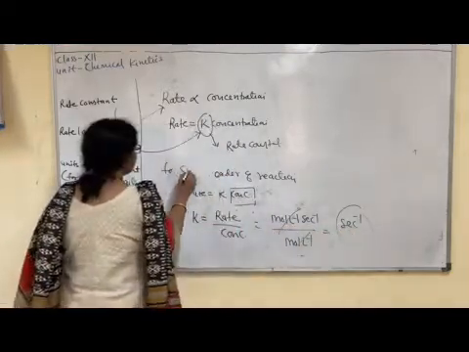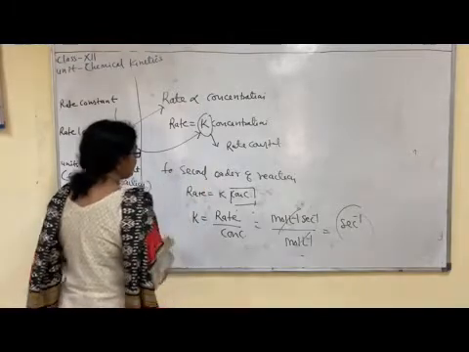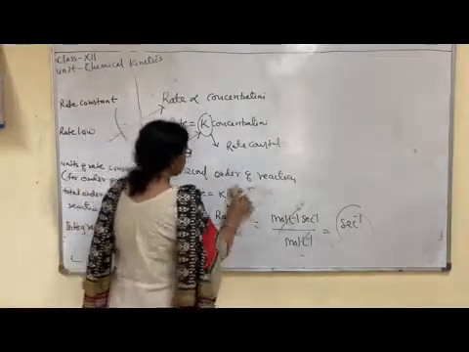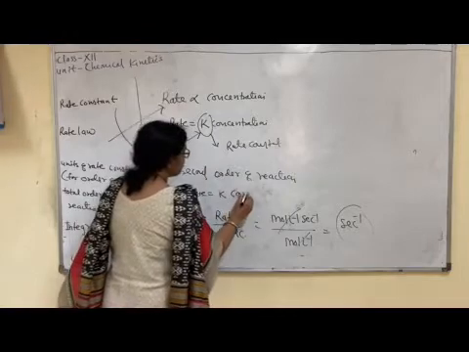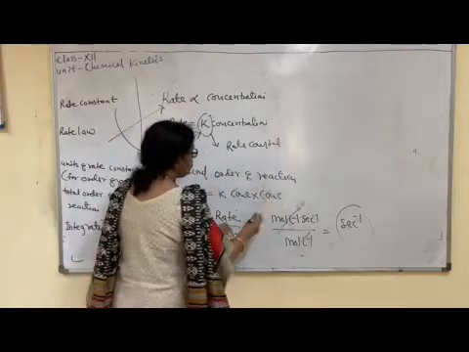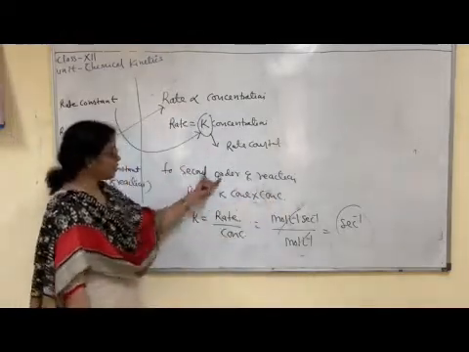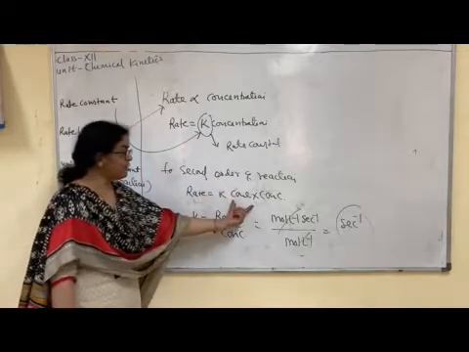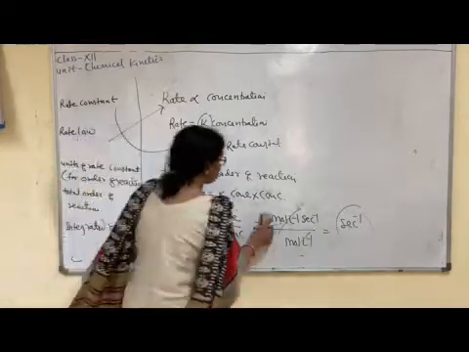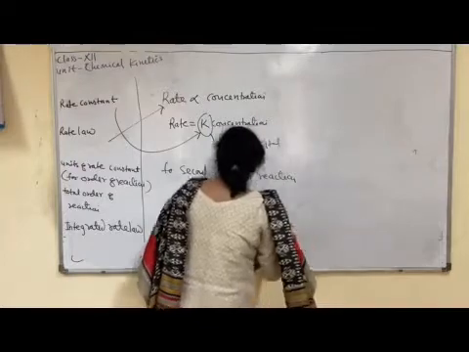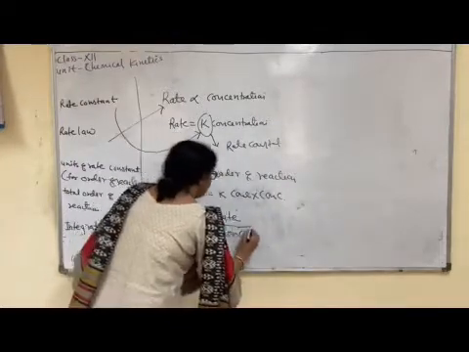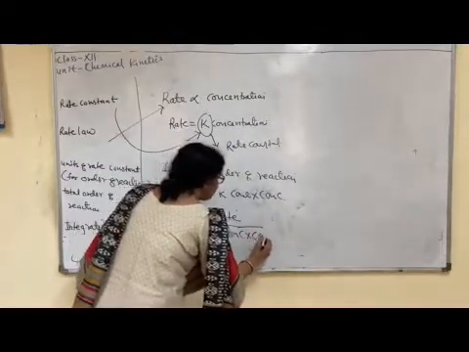For second order of reaction, here write two concentration terms. One concentration term and one more concentration term, because this is second order of reaction. How many terms are required? Two. Then write here, add one more concentration term.